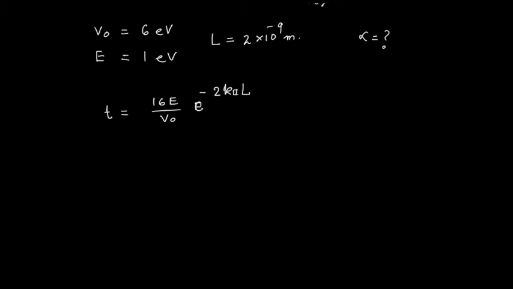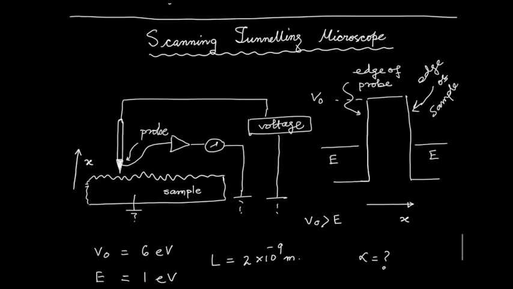Now, why is the tunneling probability important here? Well, the tunneling probability gives you how many electrons will pass through the barrier, and that will give rise to this current. If the electrons pass through this barrier, you get a certain current here.